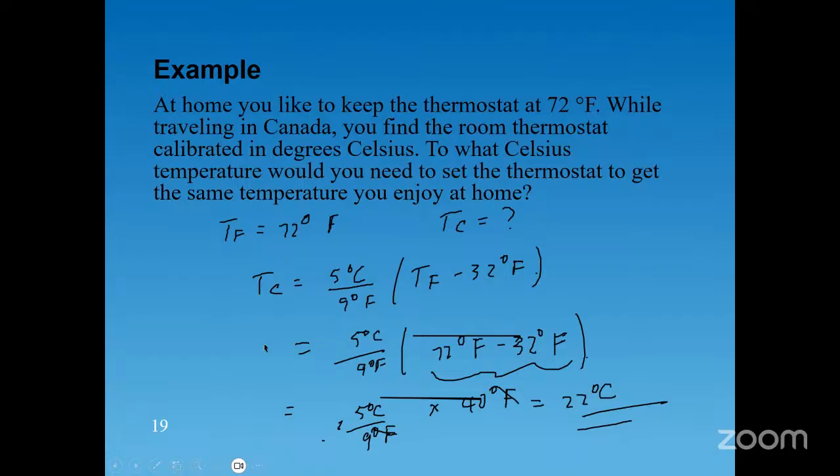Of course, the formula we're going to use is this formula right here. We plug 72 degrees Fahrenheit in where TF is. When we do that, we end up with 72 minus 32 to give you 40 within the parentheses, and then we multiply that by 5 degrees Celsius over 9 degrees Fahrenheit, and you end up with your final answer, in this case, equal to 22 degrees. And that's it. So that's a relatively simple example.